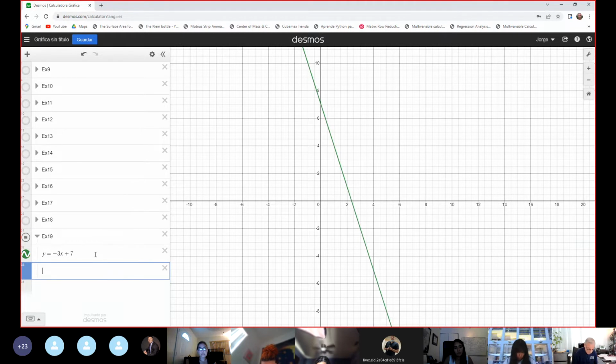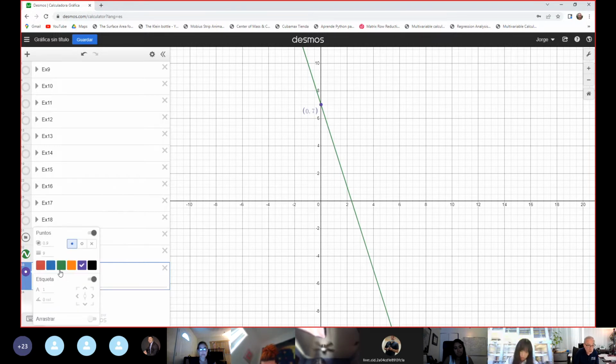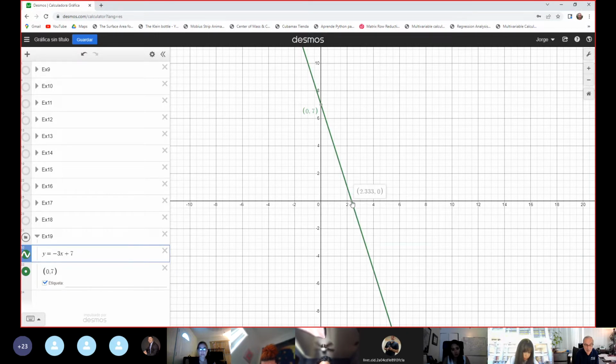So you have the famous point, which is the point 0,7, the famous green color, everyone, y-intercept. And you know, this point is weird. This is a disadvantage sometimes of the intercept.